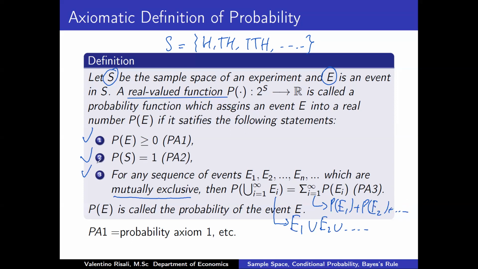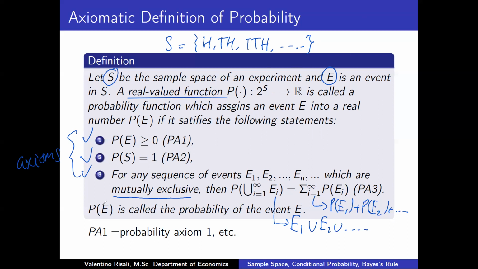If this function wants to be a probability function, it must follow these three statements. These statements are also called the axioms of the probability function.